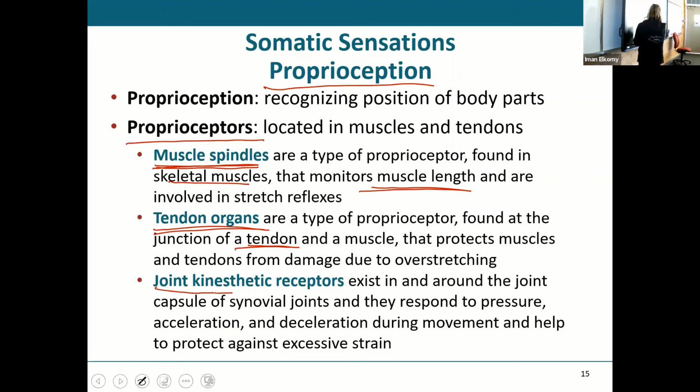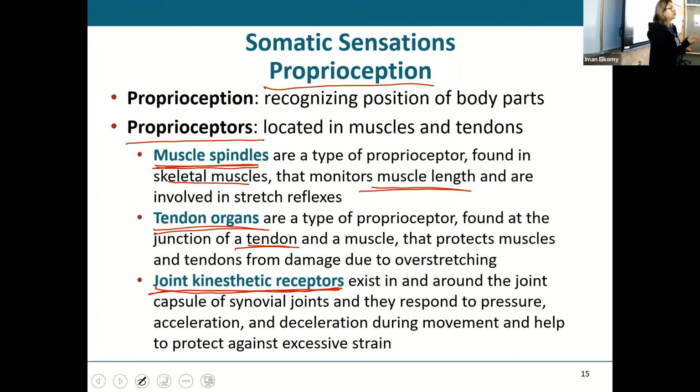I have proprioceptors in the joint called joint kinesthetic receptors. Okay. And those are going to give me an idea of what the joint is doing. Is the joint flexed? Is it extended? Is it rotating?